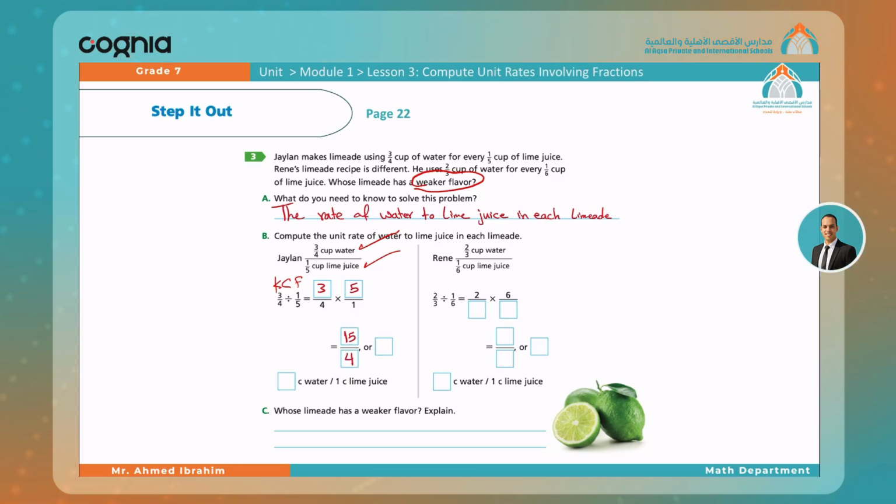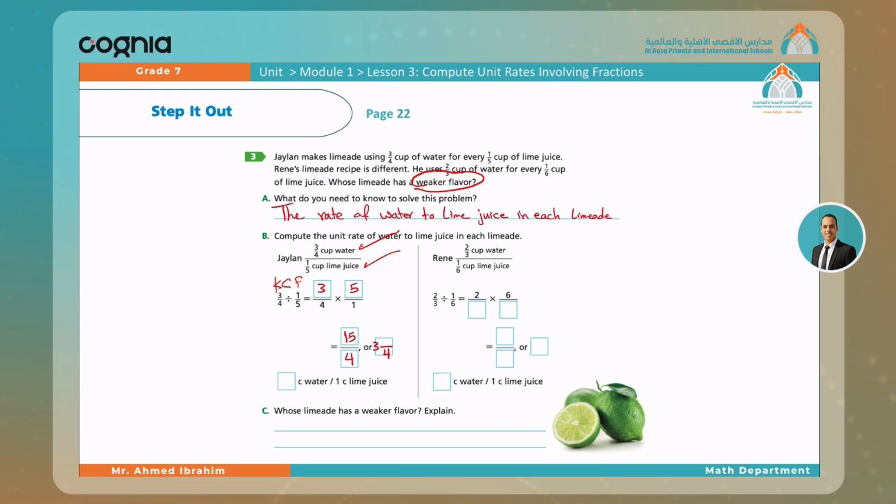15 quarters, the top is heavy, you can turn it to a mixed number. And when we write the mixed number, the denominator is the same. So we keep the 4 down. And now you have to think of a number times the 4, and the answer is really close to 15, which is 3. 3 times 4 is 12. We cannot use 4. 4 times 4 is 16. We have only 15.